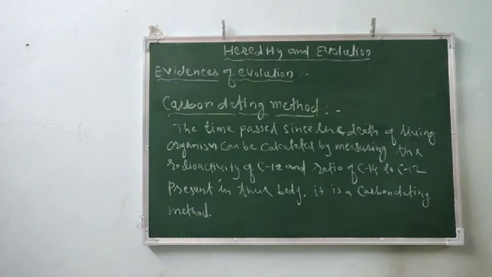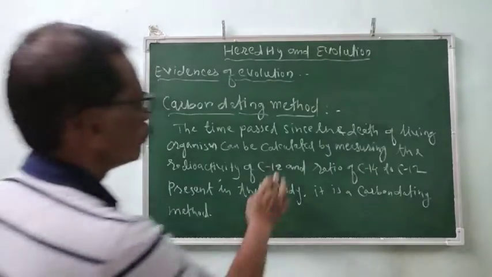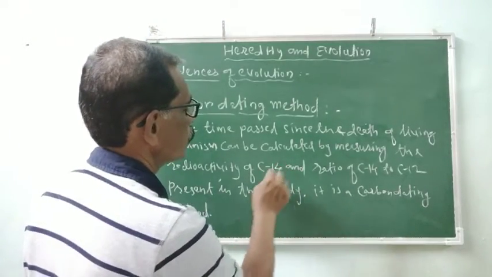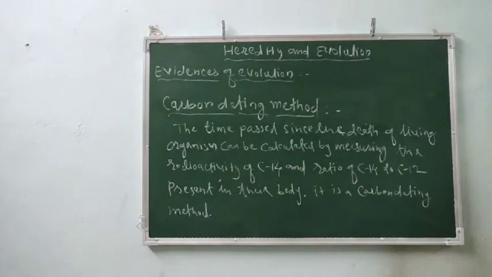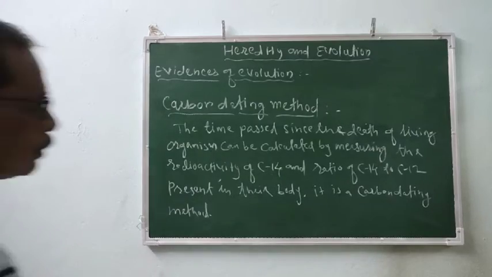The time passed since the death of a living organism can be calculated by measuring the radioactivity of carbon 14, not 12, and the ratio of carbon 14 to carbon 12 present in their body. It is the carbon dating method.